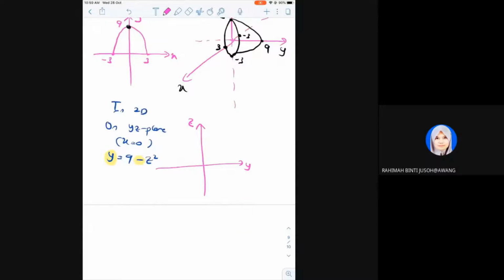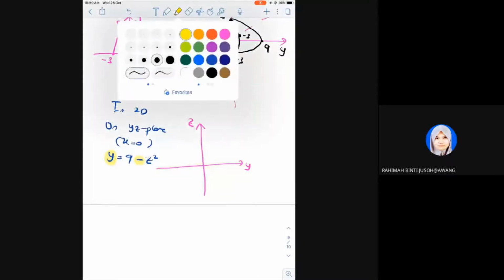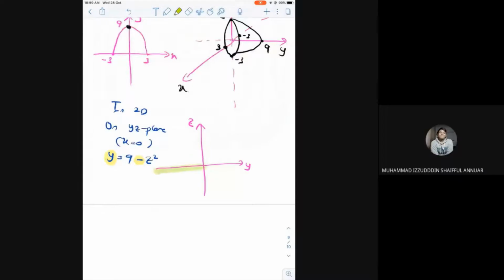Okay, sekarang ni Y subjek kita kan? Okay, Y subjek kita. Okay, sekarang ni bila dia couple dengan Z, Y ni dia jadi melintang. Paksi Y ni dia melintang macam gini. Okay, so bila dia melintang macam gini, kita tahu dah bila melintang bermaksud yang sebelah kiri ni adalah Y negatif. Yes. Betul, understand?